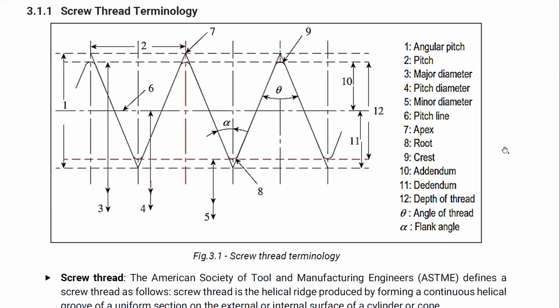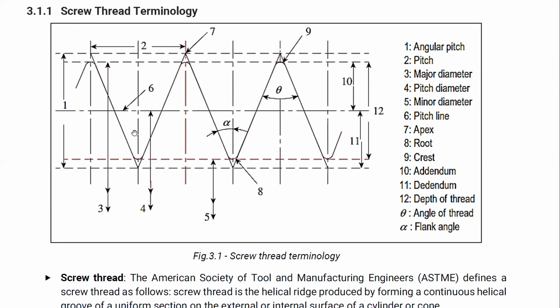Now, the first here is the angular pitch. From the top position to the bottom position, this is the angular pitch. The second one is the pitch. Pitch is the distance from one tooth to the next tooth. The third one is the major diameter. Here, this one is the major diameter.